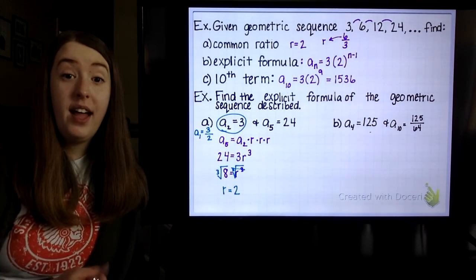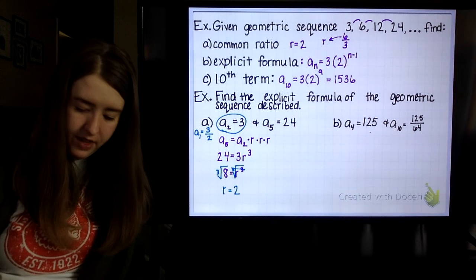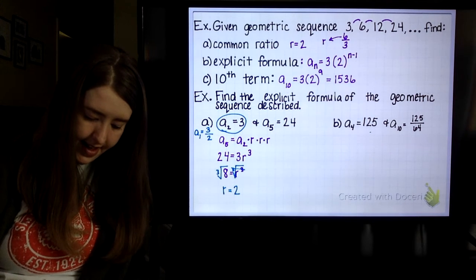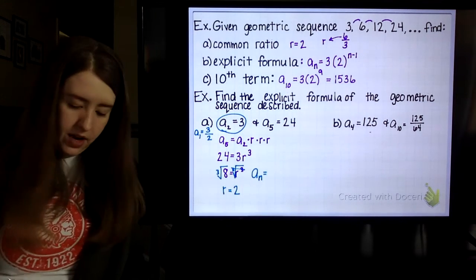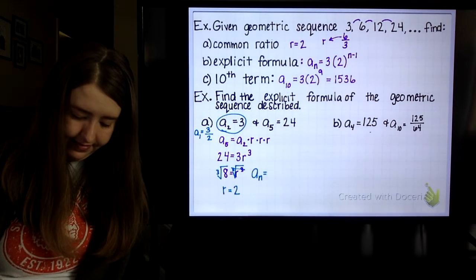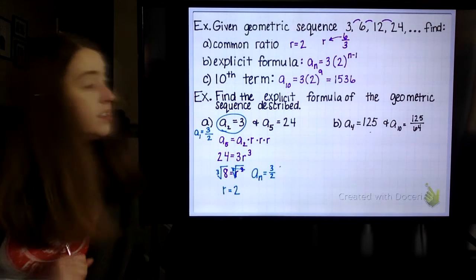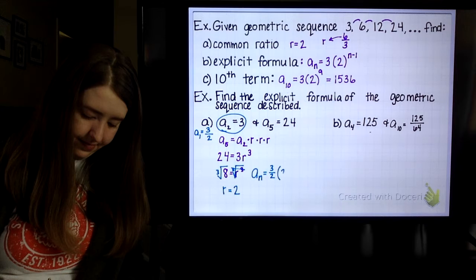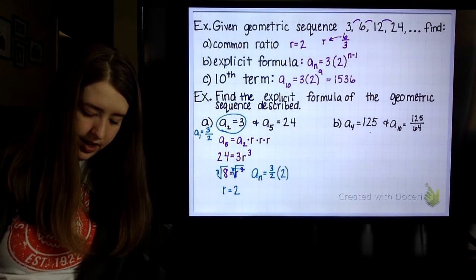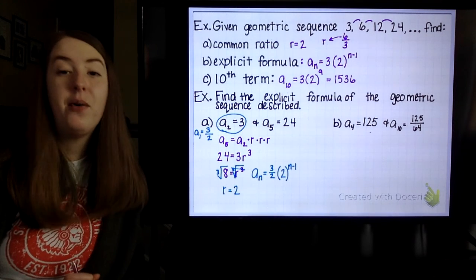Now we can go ahead and find our equation. So a sub n equals, my first term was 3 over 2 times the common ratio we figured out was 2 to the n minus 1 power.